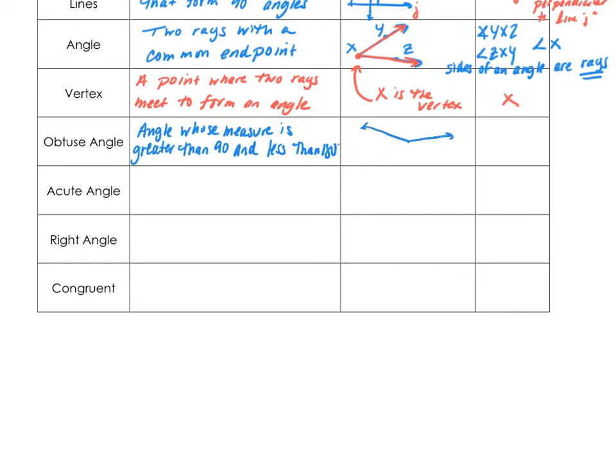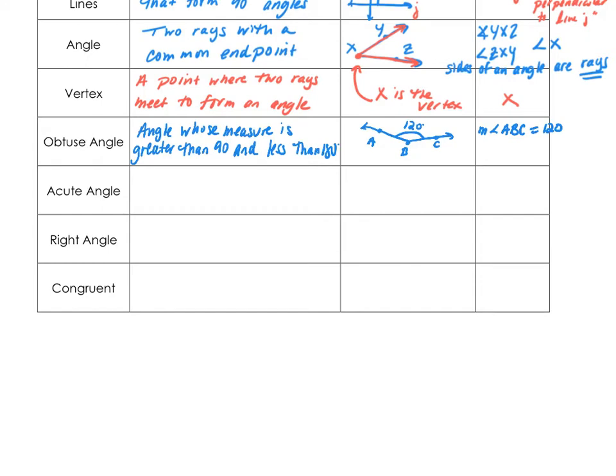So if I draw an angle and say it measures 120 degrees, let's call it angle ABC. We'll say the measure of angle ABC equals 120, and that makes it obtuse because it's greater than 90 and less than 180.